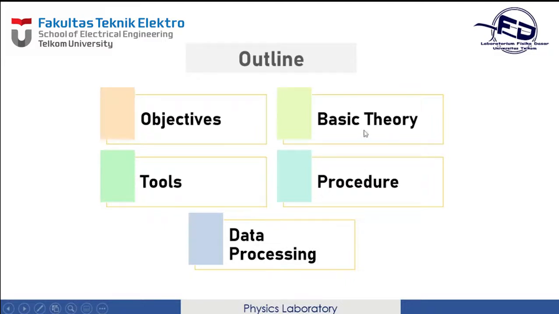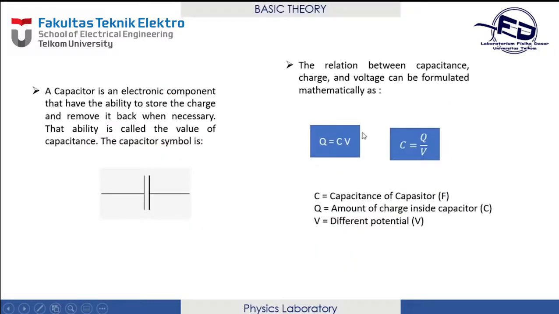Okay, let's go to the basic theory next. So here on the screen you can see that this symbol represents a capacitor. A capacitor is an electronic component that has the ability to store the charge and release it back when necessary.